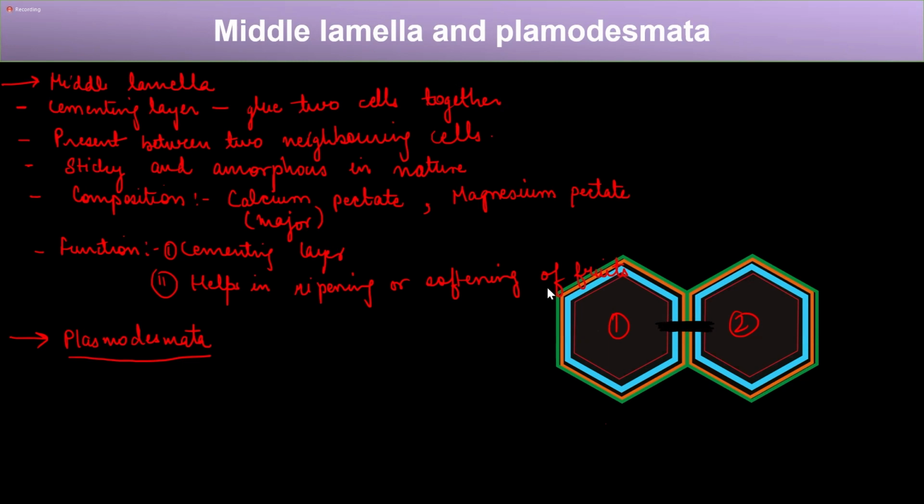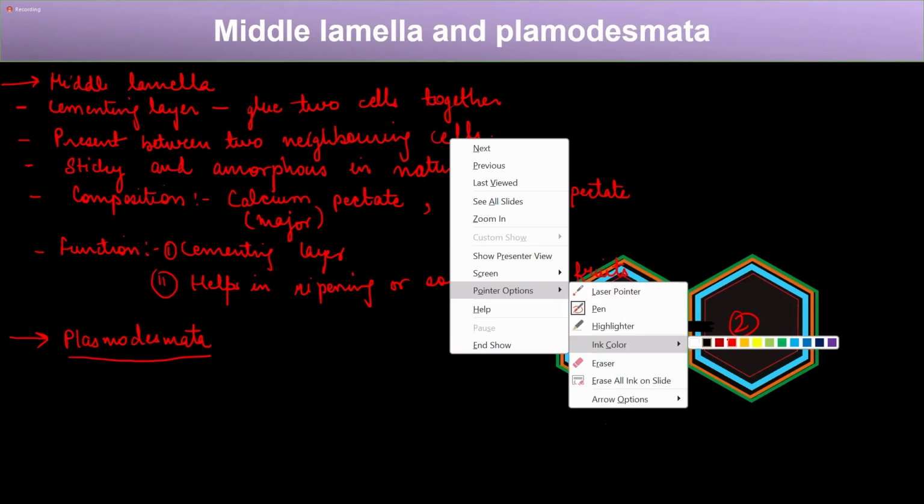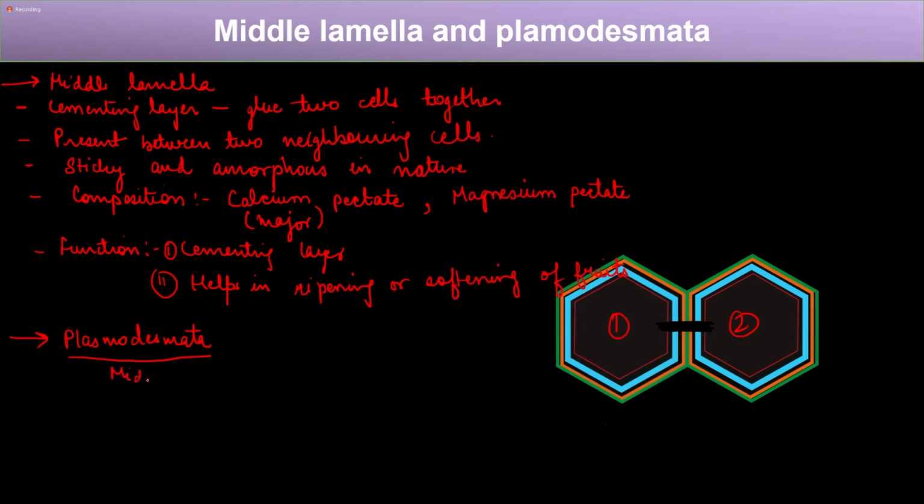So what is plasmodesmata? It is a region where the middle lamella is absent. That is the first thing. Now the second thing, what it is doing. The cytoplasmic content from this cell and this cell are now connected together, right?